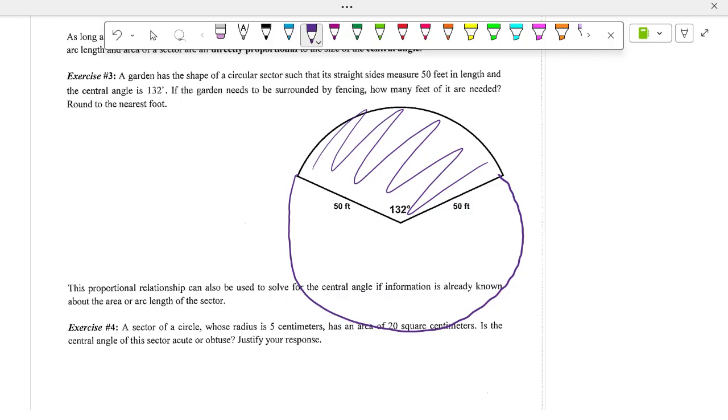Find the circumference or area of the whole circle, depending on what it's asking for. Another hint: it's talking about fencing. Fencing typically refers to what? Circumference. It's talking about how much fencing they need. So in other words, they're talking about lining that sector. So you need to find circumference first.